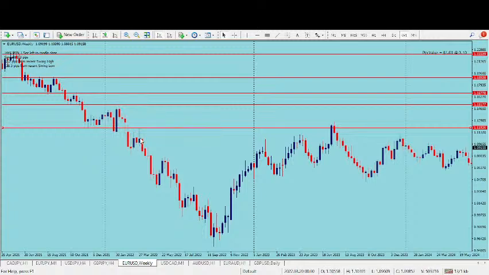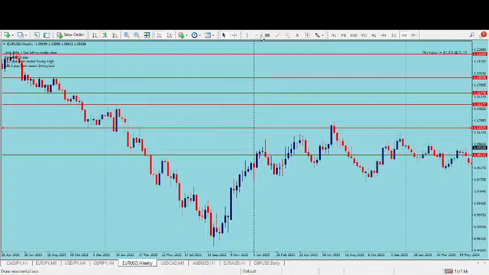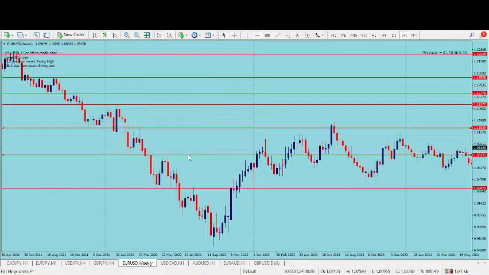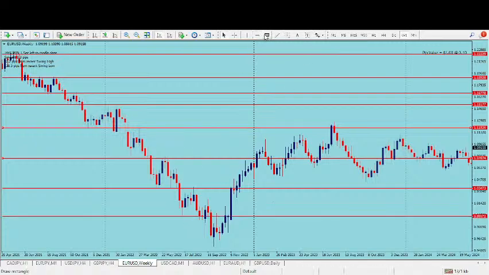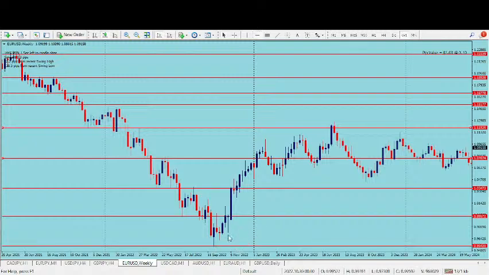Rather, it moved down again. It got here, tried to move up, it couldn't take out this again. Instead, it moved down again. Look at it here. This is what it was doing until, look at it, when it got to this area now.